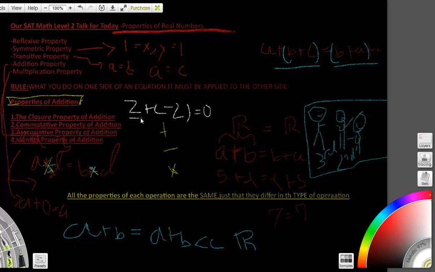When you add a number to its exact opposite, in this case the negative, you always get 0. Always. So 3 plus minus 3 equals 0, and 59 plus minus 59 equals 0.